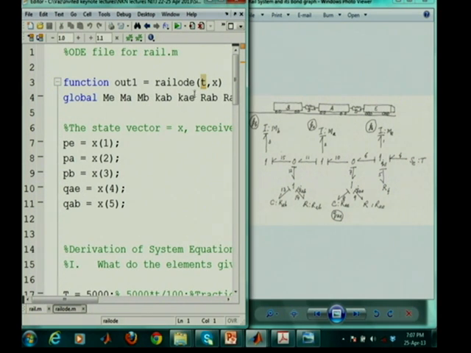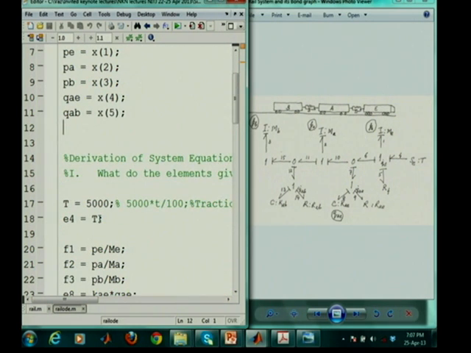So we have the first input, this as Tx, and output is out1. The first state is, okay, all this has been already explained. We have specified the initial conditions also, and we ask our first set of questions.